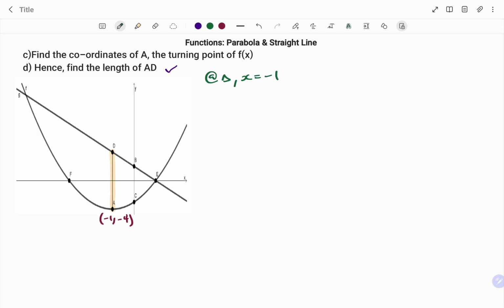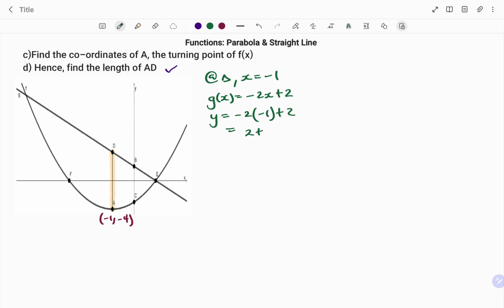The point D is lying on the straight line, and we have g of x equals minus 2x plus 2 as given in the equation. Replacing x with -1, we have y equals minus 2 times -1 plus 2.